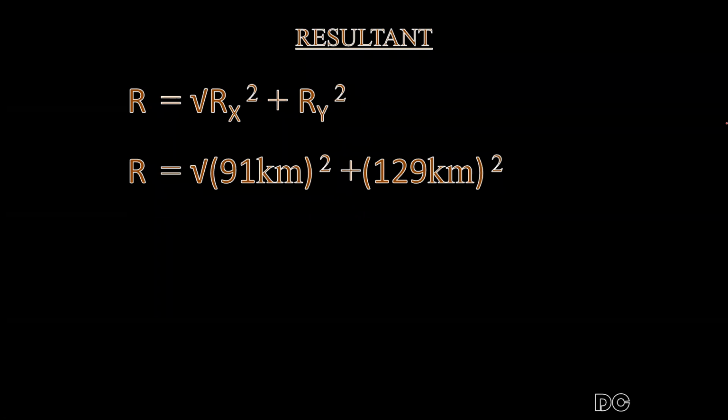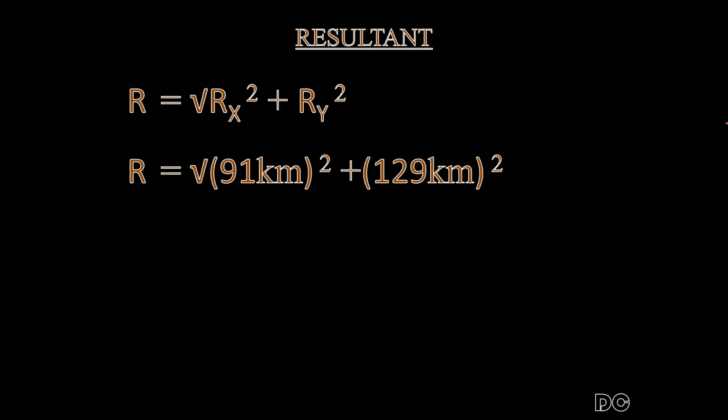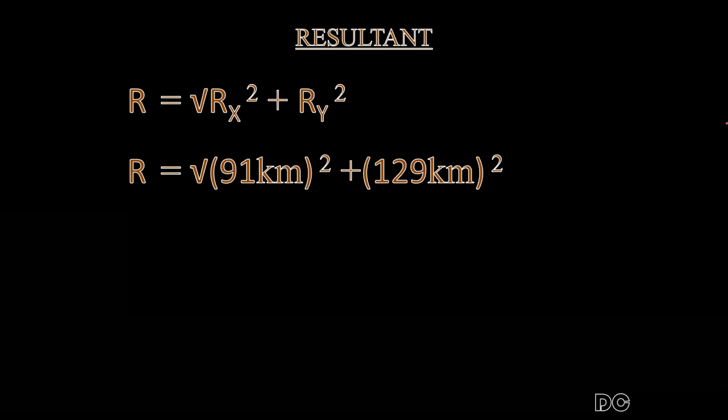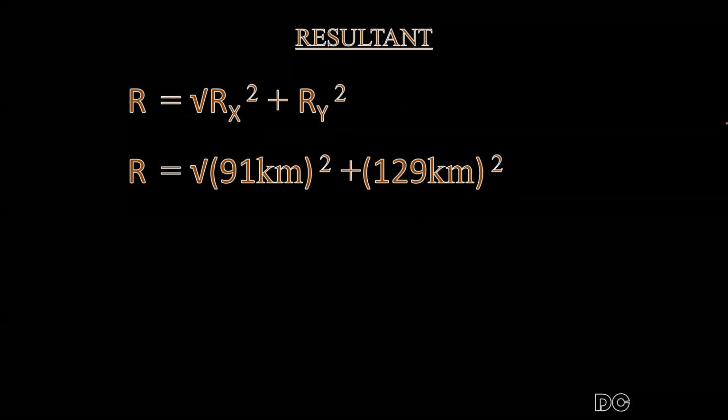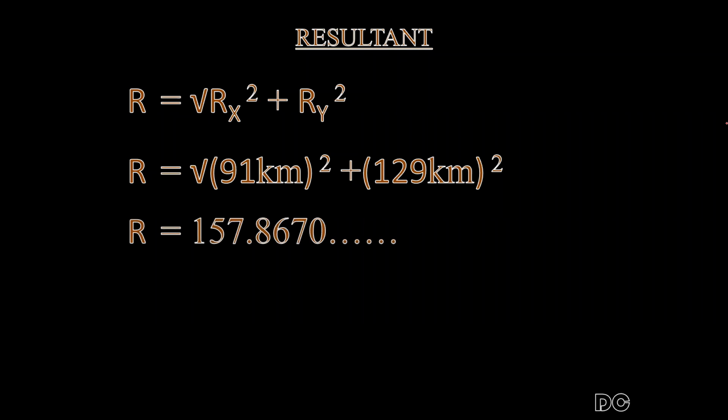So square root of 91 kilometers squared plus 129 kilometers squared. If we input this in our calculator, the answer is 157.8670 and so on.